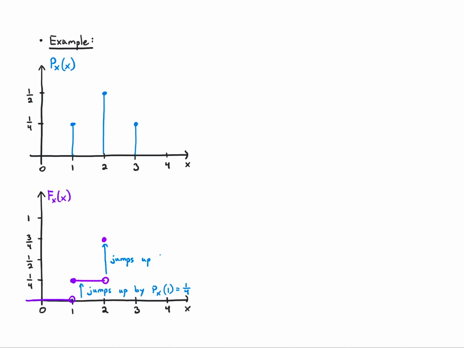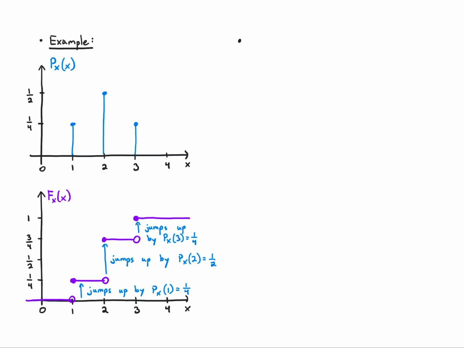Then I go up to 3/4. Then I slide along all the way to 3, and I jump up by the value at 3, which is a fourth. Then I go on forever, because I've hit 1. Once I hit 1, I'm done, because I've captured all the probability, and I just go on to infinity holding the value 1.